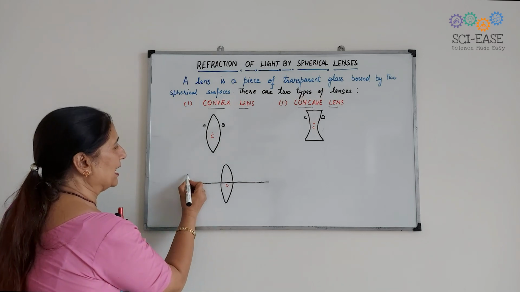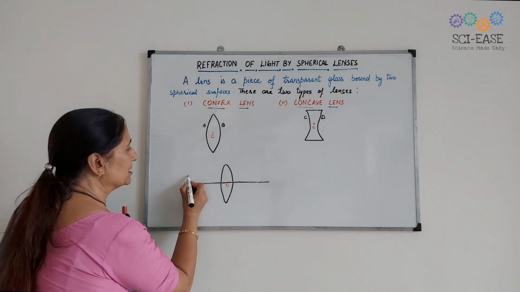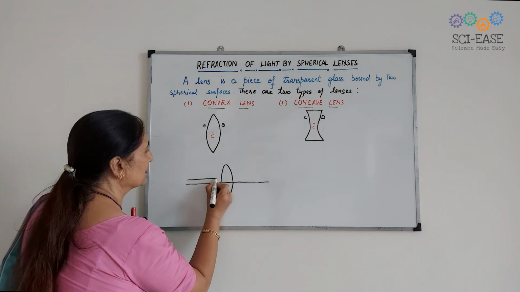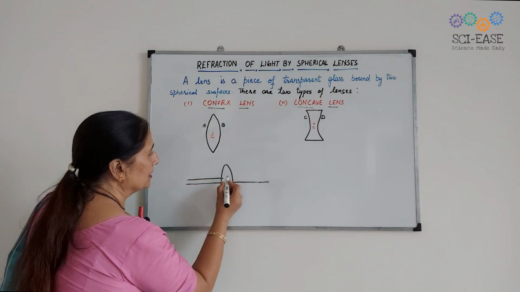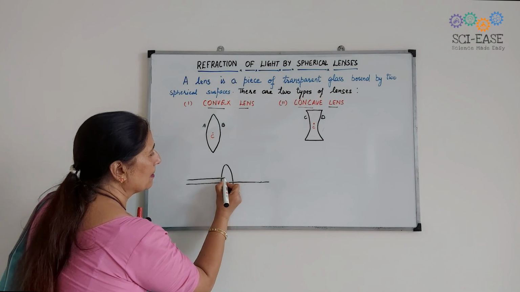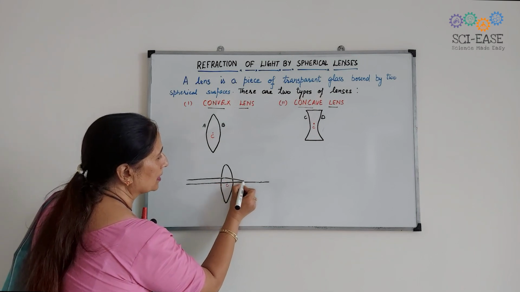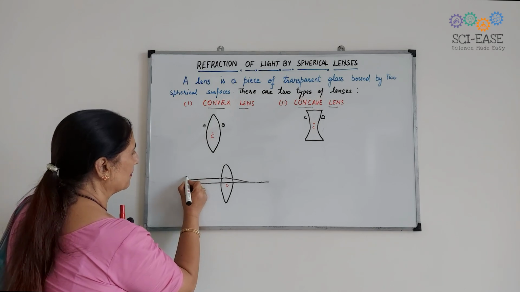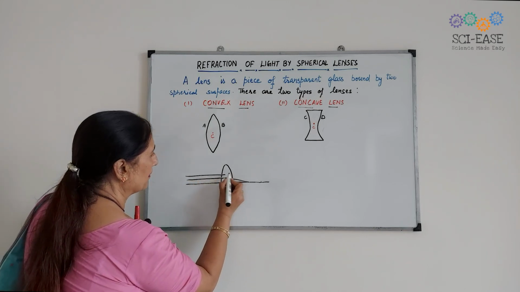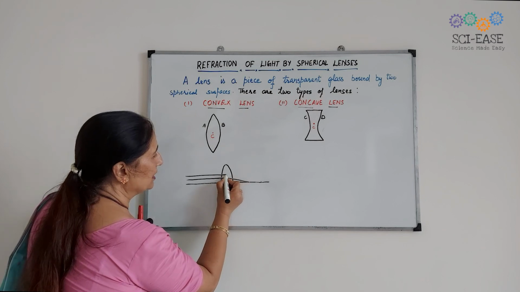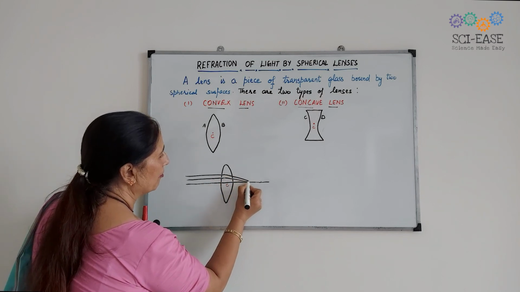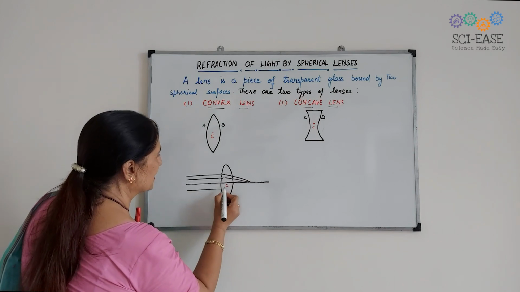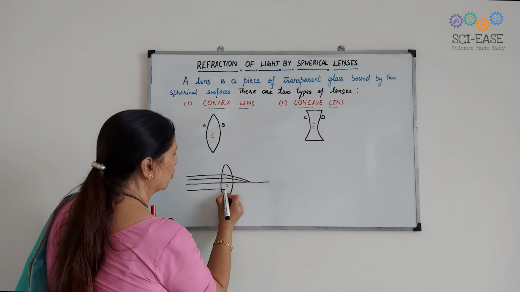When rays of light parallel to the principal axis strike the lens, they will converge at one point, and this point is known as the principal focus.